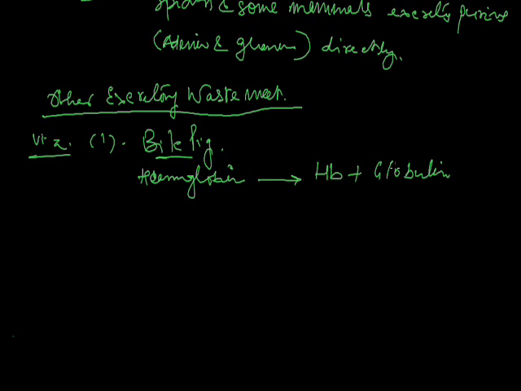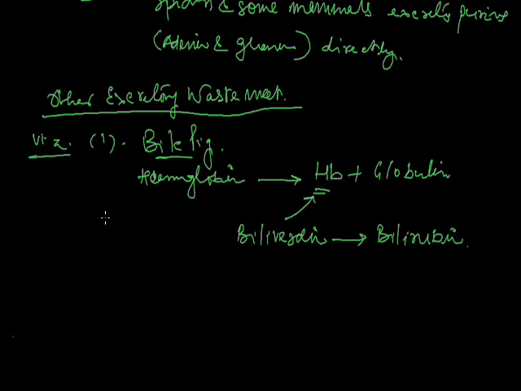Globin is a kind of globular protein, while heme dissociates into biliverdin. This biliverdin is converted into bilirubin. Bilirubin is a type of waste material which is eliminated by the liver.